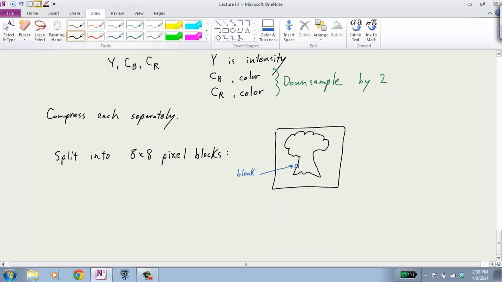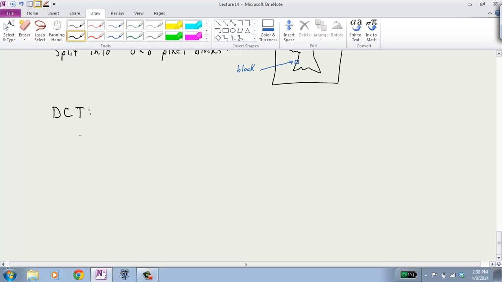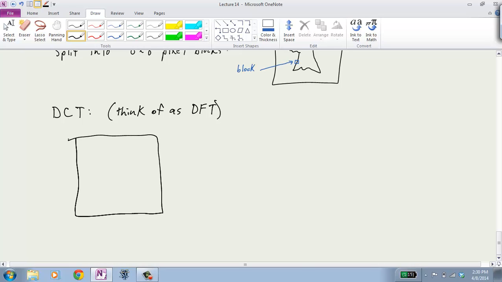Okay, now what you're going to do is a discrete cosine transform. Now, we have not done the discrete cosine transform, but the good news is this is just like a DFT. So we've turned our 8 by 8 block of image into an 8 by 8 DFT, where the low frequencies are up in this corner, low frequency in both directions, and the high frequencies are over here.